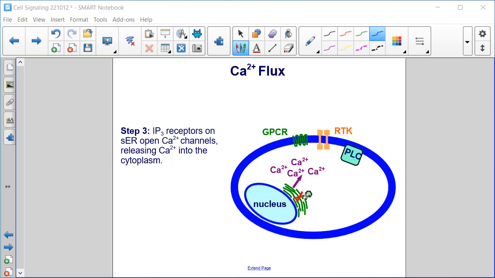So there's a receptor that binds this IP3, signaling the release of calcium ions into the cytoplasm. Step 4, calcium ions in the cytoplasm impact many protein targets.